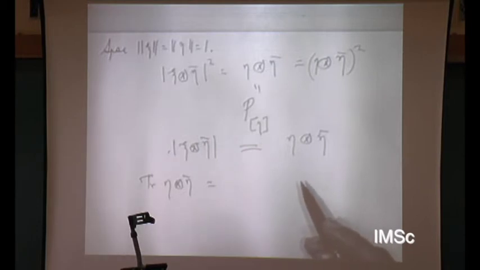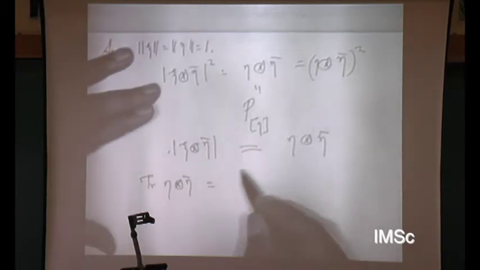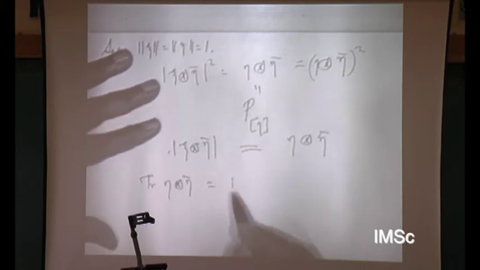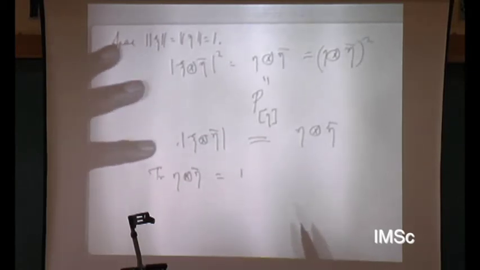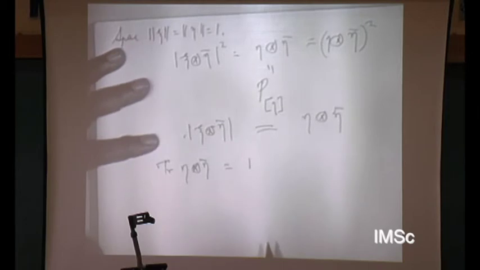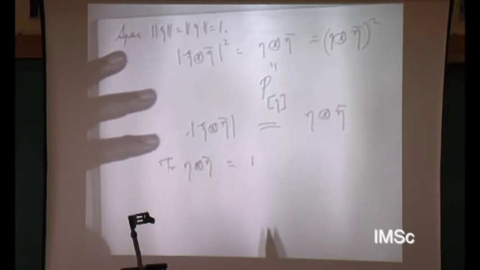For every other n, it will give you 0. That means as a matrix, eta tensor eta bar will have just a 1 as the (1,1) entry and 0 everywhere else. So the trace of this is just 1. Right?